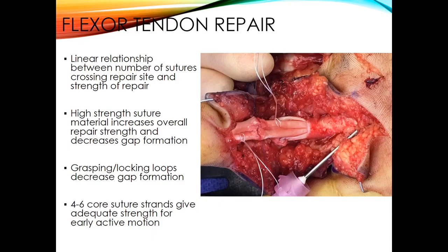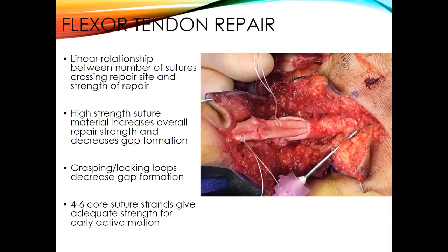More sutures is better, but once you get to 8 or more, you have so much bulk at the repair site that you end up getting an increased coefficient of friction between the tendon and the sheath, which actually decreases your ability to regain motion. So the general consensus in the hand community is that 6 strands is sort of the sweet spot.